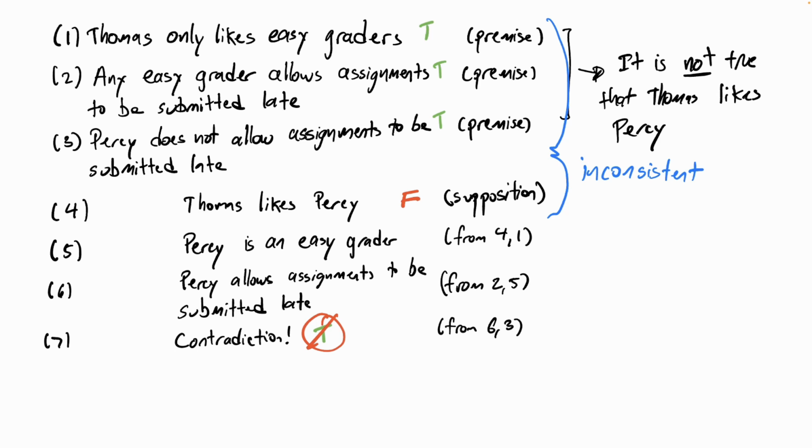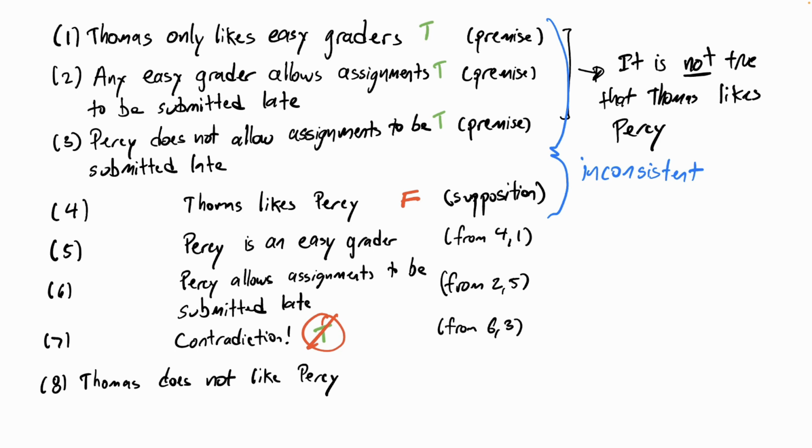In other words, in any situation where the three premises were all true, the statement that Thomas does not like Percy would have to hold as well. So what we've shown is that the three premises entail that it's not true that Thomas likes Percy. So we can write down Thomas does not like Percy in our original column of reasoning, where we're assuming only that our original three premises are true.